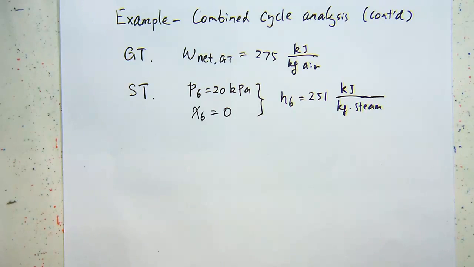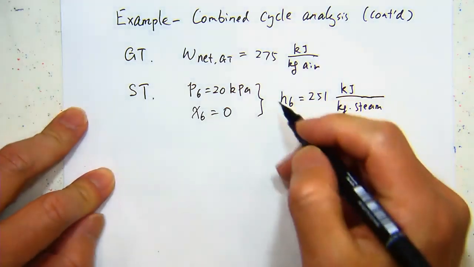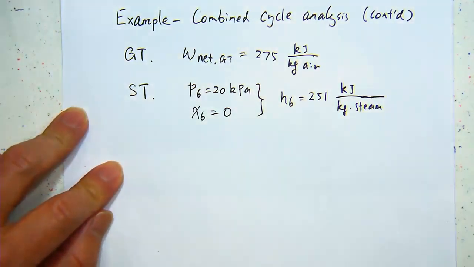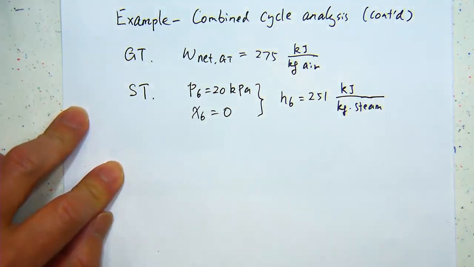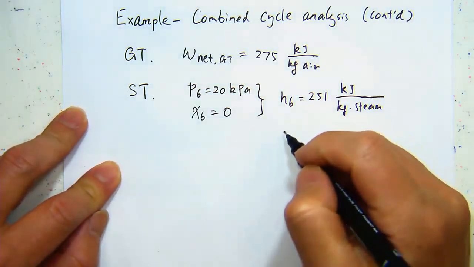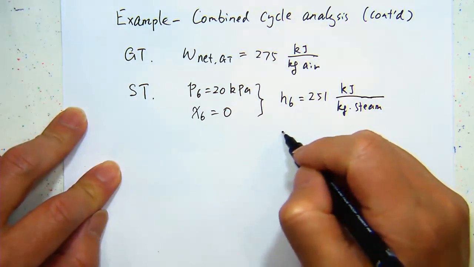The compressed liquid table is not available for all liquids, but because water is very common, it's already available there. So we have H6. Then if we want to find H7, we can go through this isentropic process to find the state, but what we are really after is the work.